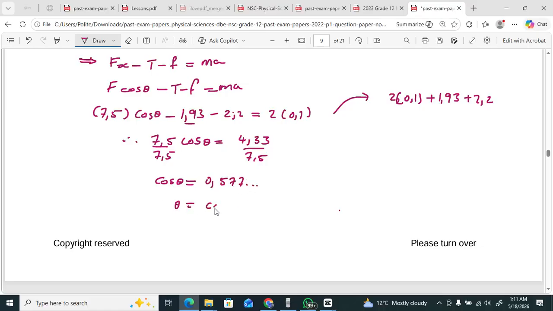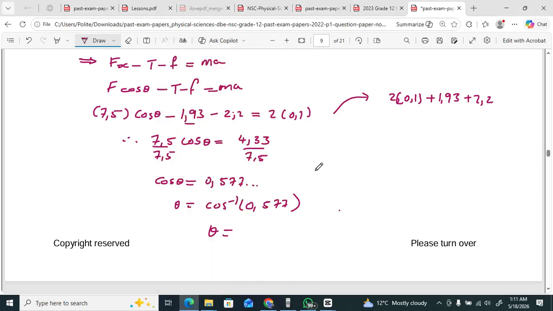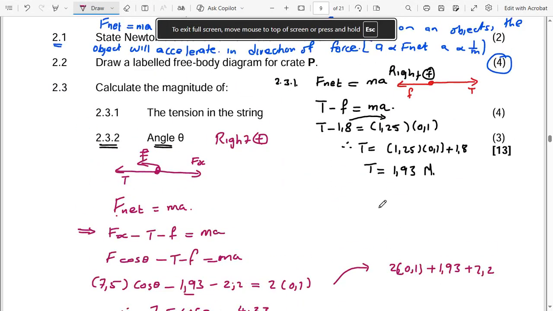Therefore, theta will be the cos inverse of that 0.577. What is theta equal to? The cos inverse of the answer, because I don't want to round off. Theta is 54.74, rounded off to 2 decimal places. Theta is 54.74 degrees. That's the angle theta, and that's it for this question. This is how you collect those 13 marks.